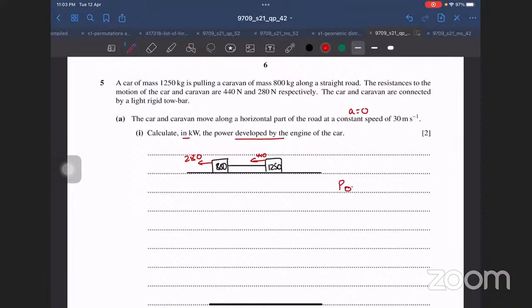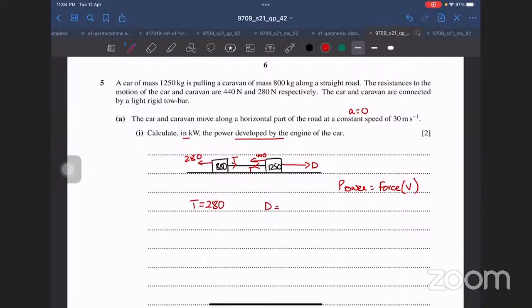So power in this case would be force into velocity. So I will try to figure out how to find the force in this case. I'm going to say that there's a driving force, let's call that D. There's a tension pulling it backwards, and there's a tension pulling it forward. So if I look at just the trailer, T should equal 280.